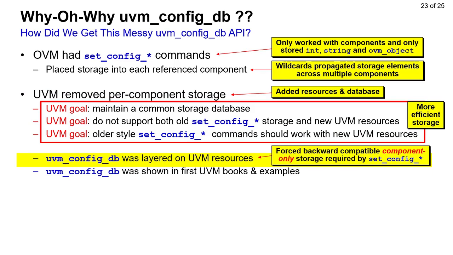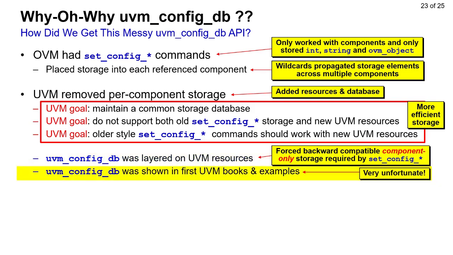The UVM config DB base class is an extension of the UVM resource DB base class, and the UVM config DB API added restrictions to allow it to only work with components, which was a requirement of the old set config commands. The UVM config DB was never intended to be a primary user API.